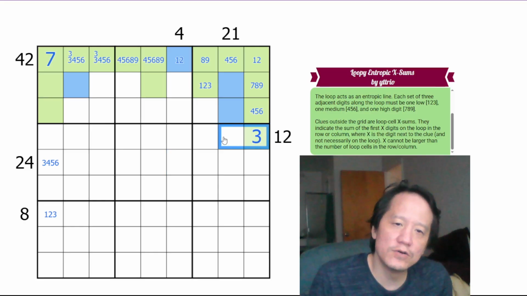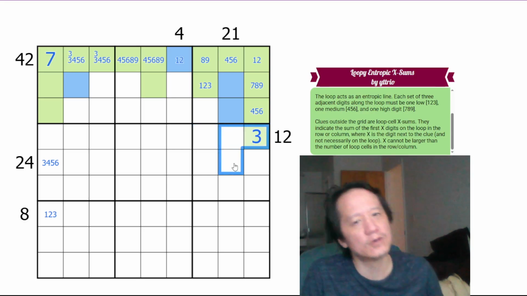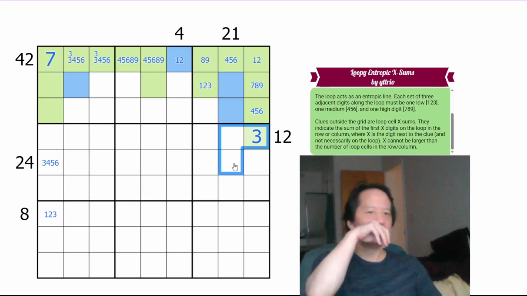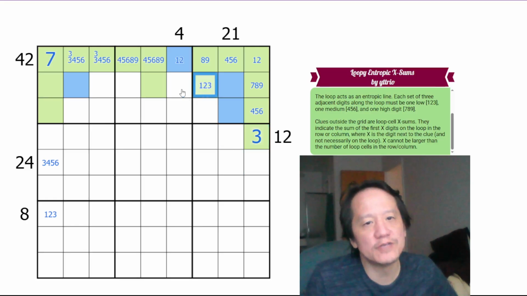If we try to go green, green, that would not work because the minimum then would be 4 and 7 because of the entropic nature of that. But you could go here and then here. That's possible. Not helpful, but possible.